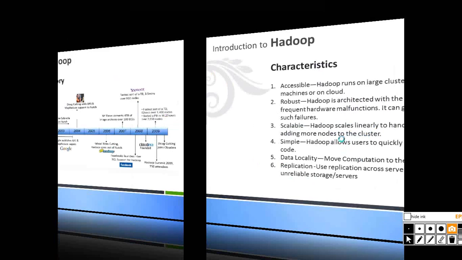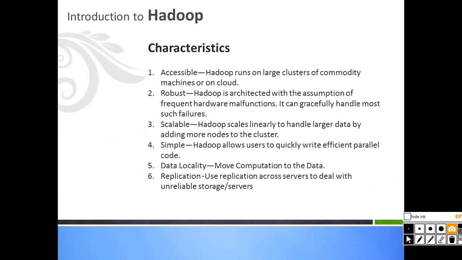So what are the characteristics of Hadoop? We can see it is accessible, I mean to say, accessible from many areas. You could directly hook up to Hadoop through TCP/IP, through a web interface, or through other protocols.